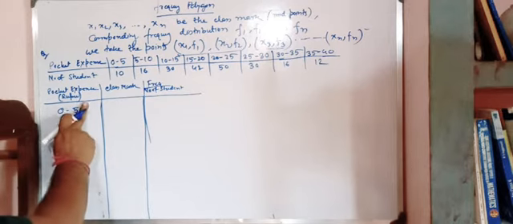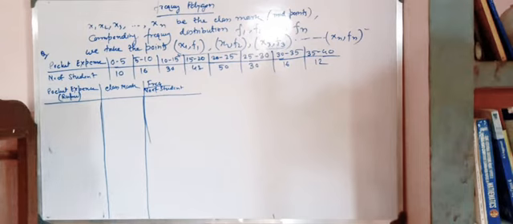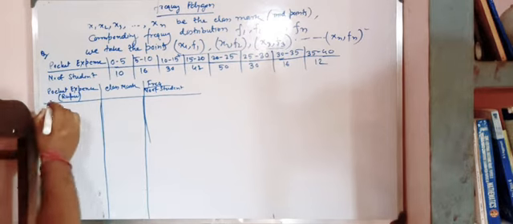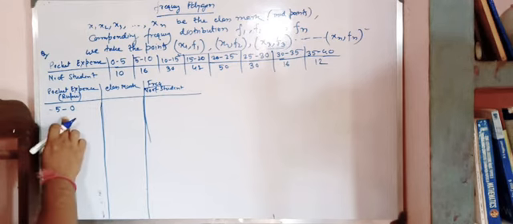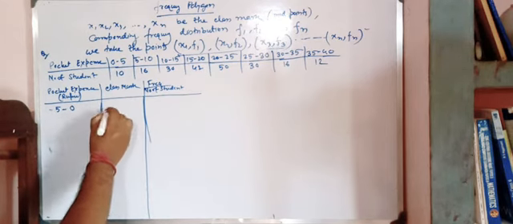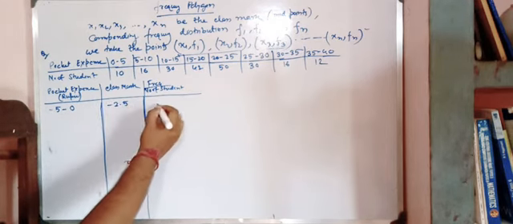As we can see, we have to take 2 extra class intervals. We have to take 2 more classes. The first extra class is -5 to 0, and the class mark is -2.5.